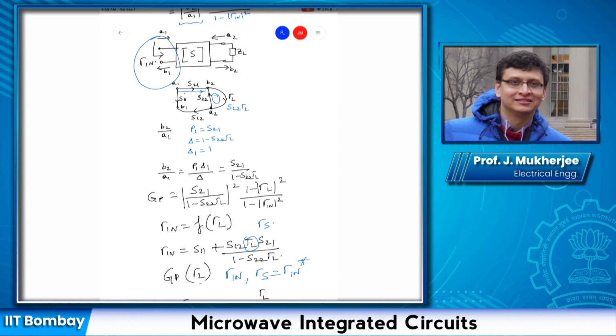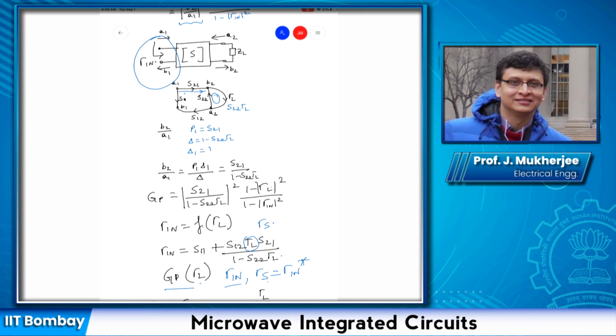So you see how simple the design becomes. All you have to do is fix the value of gamma L, find the value of GP, then find the value of gamma in and choose a gamma S that is equal to gamma in conjugate. Simple.